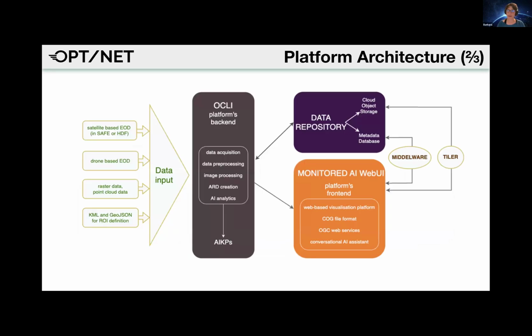This is a bit more complicated version of this architecture, but what I would like to point out here is that you can see the input data coming through the platform can be either through the finders for the satellite payloads that I already mentioned, that are coming in SAFE and HDF file format, or it is raster or point cloud data that you import yourself into the platform.